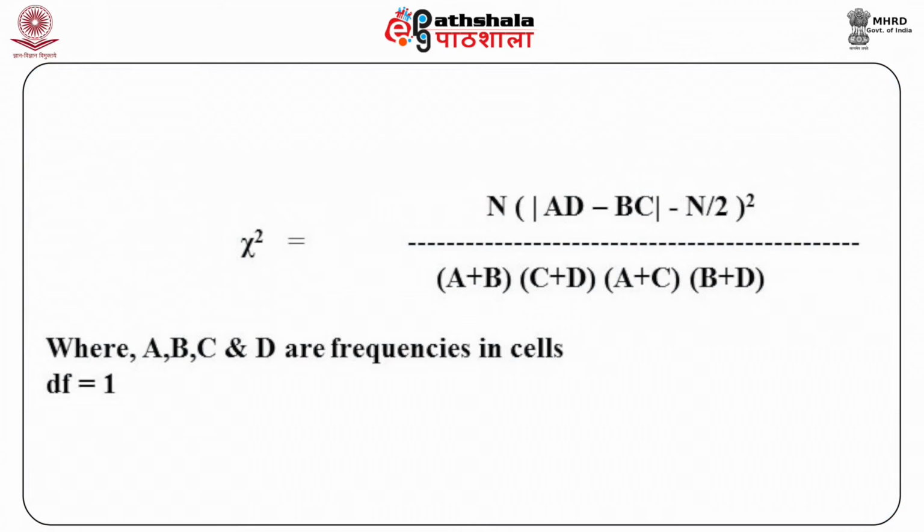Chi-square is equal to n multiplied by (AD minus BC minus n upon 2) whole square, divided by (A plus B) into (C plus D) into (A plus C) into (B plus D), where A, B, C and D are frequencies in the cell.